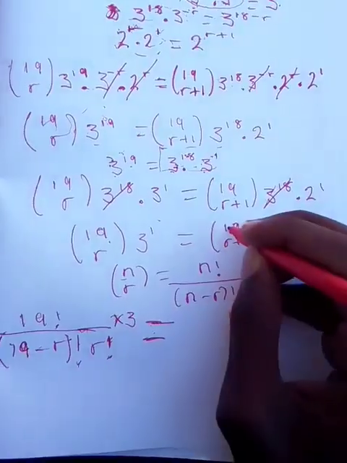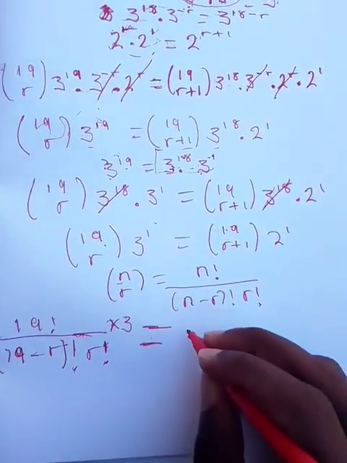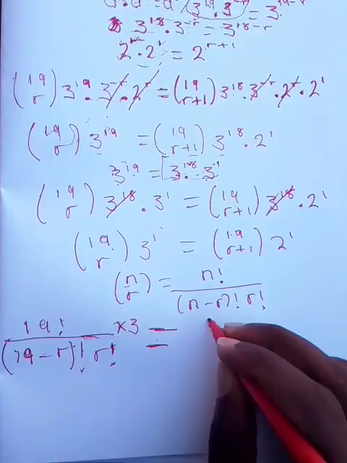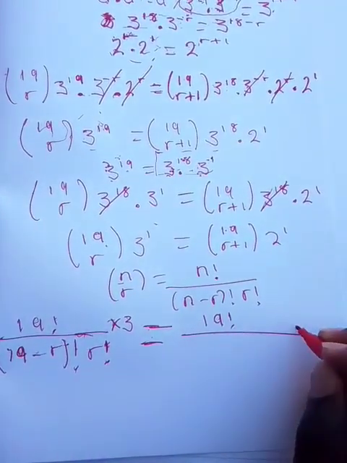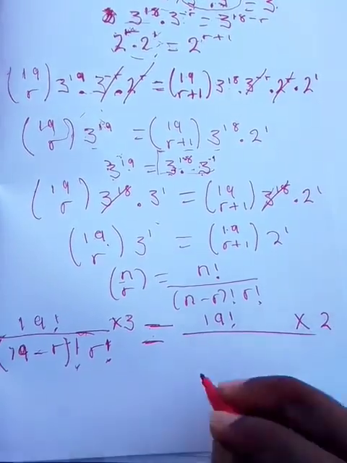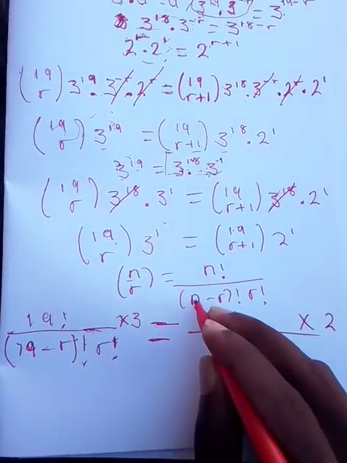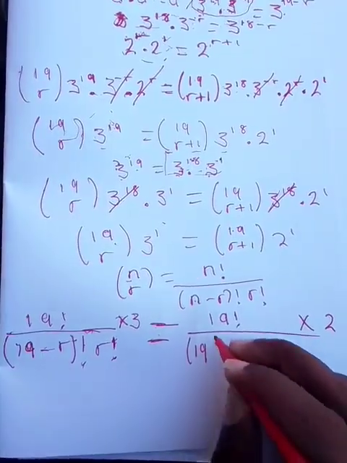Now let's come to the right hand side. I'm going to say 19 factorial, actually we are multiplying with 2. Where it is n, I'll put 19, minus where it is r.